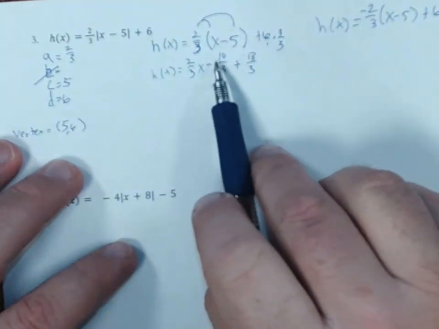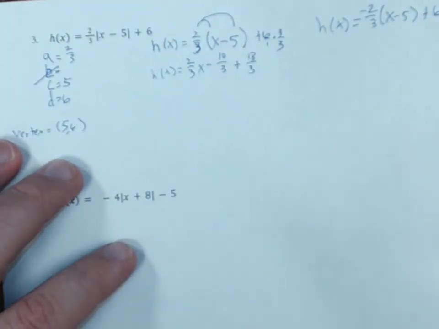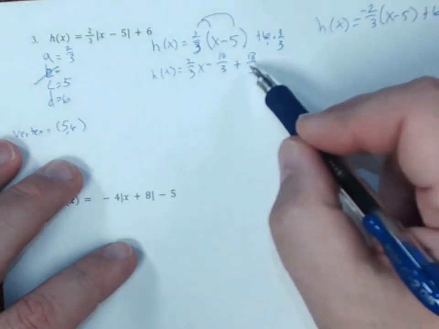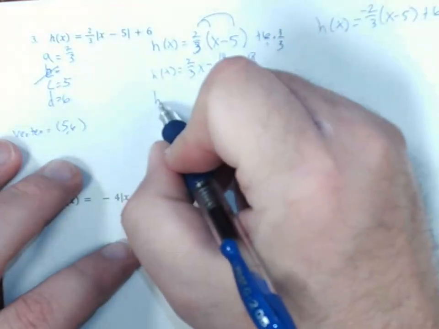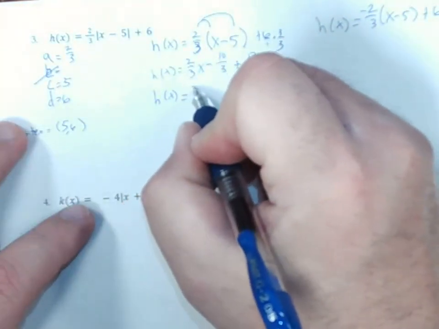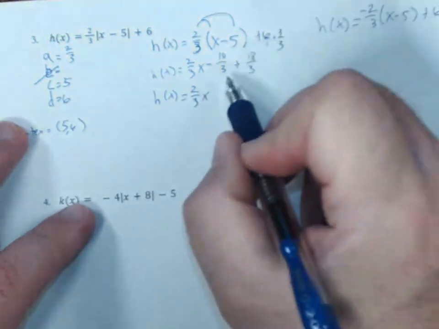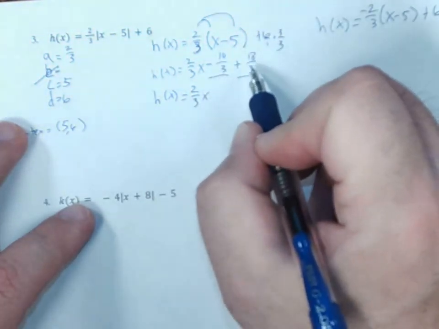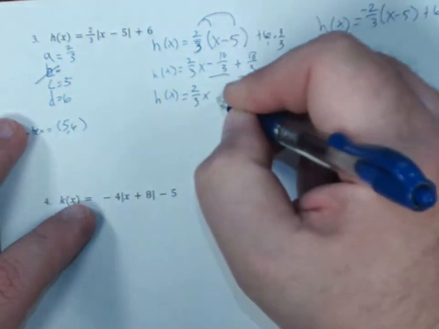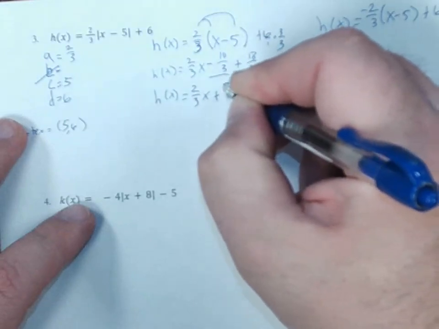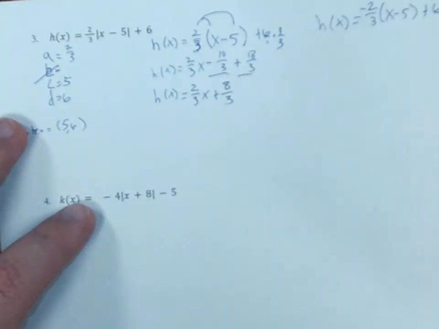I'm going to need to add -10/3 and +18/3. So I thought I would adjust the 6 so that I had common denominators there. So we get h of x equals 2/3 x, and when we put these two together, -10/3 and +18/3 gives me 8/3 like that.